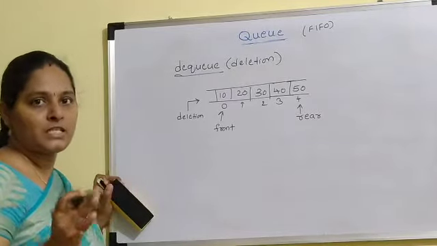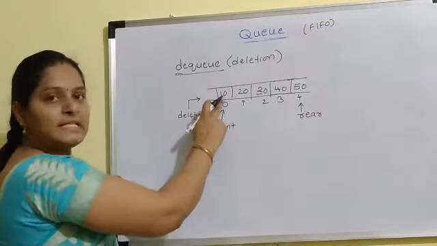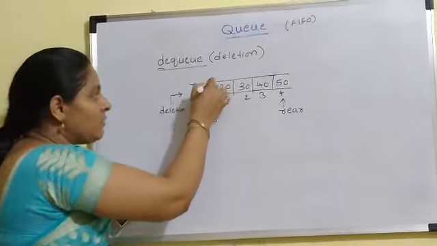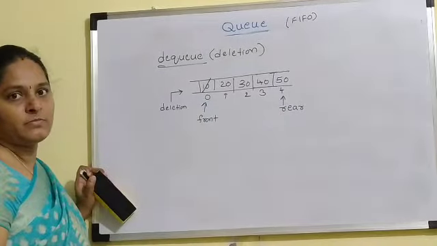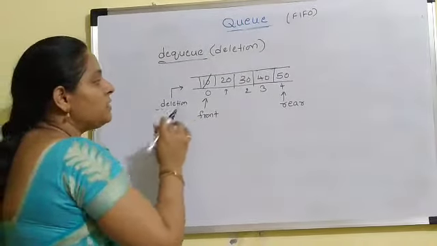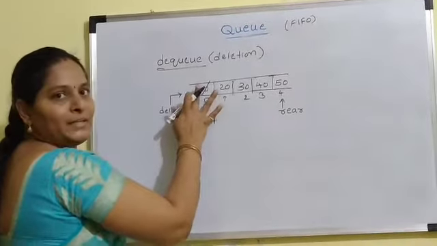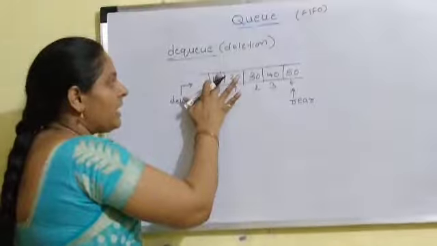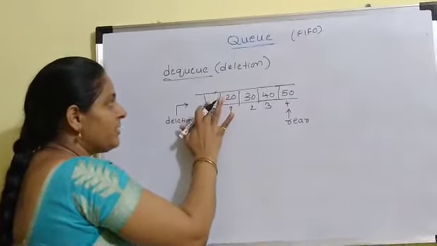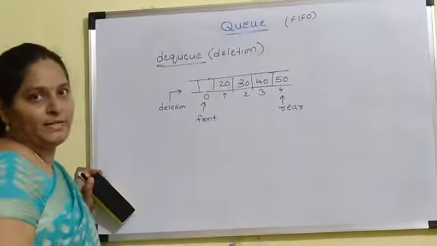First in, first out. So the first inserted element is 10, so we can delete 10 first from the queue. How to delete 10 from the queue: first remove the element 10. After removal of 10, that location will be empty.